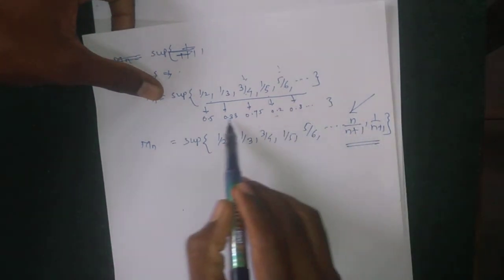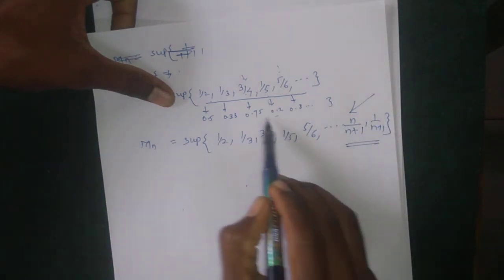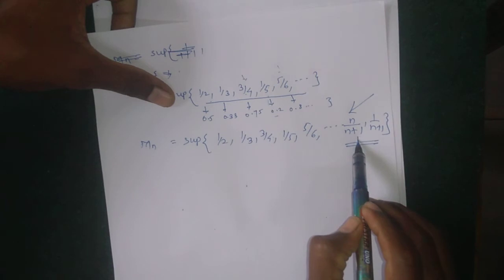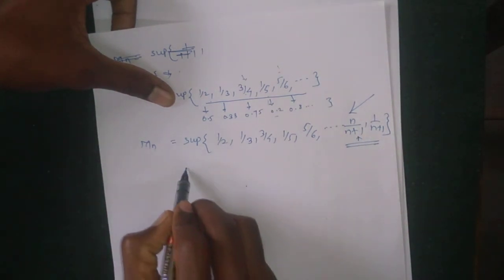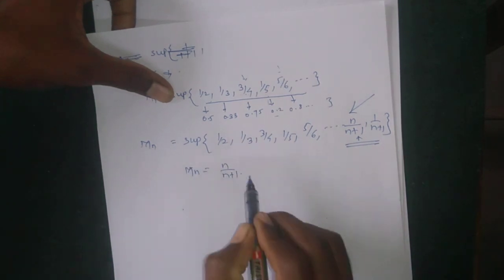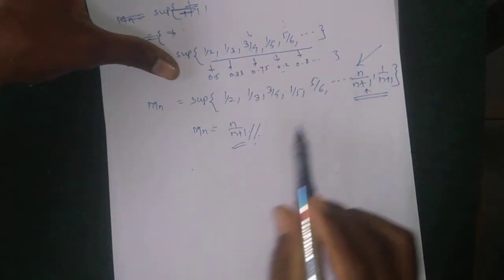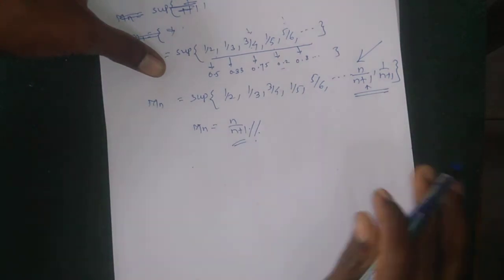The greatest value of all these elements must be n divided by n plus 1. Therefore Mn must be n divided by n plus 1, because this value is the greatest of all these elements. When n increases, their value increases.